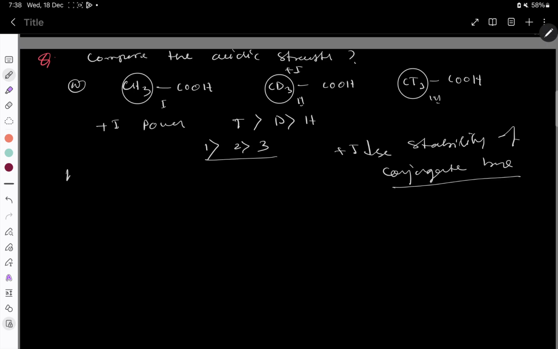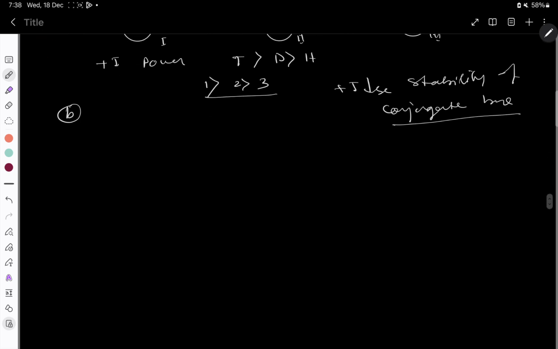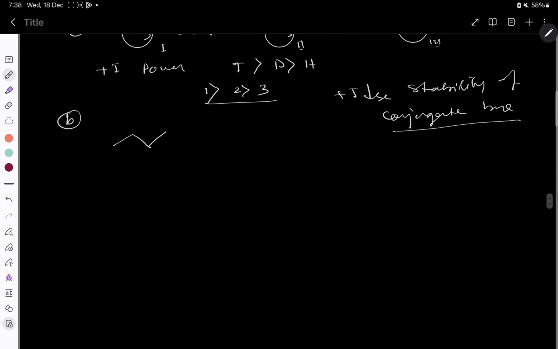Okay, here I'm giving one more example. Suppose COOH is there, and I attach fluorine at different positions in 1, 2 and 3. Now tell me which one will have more acidic nature.